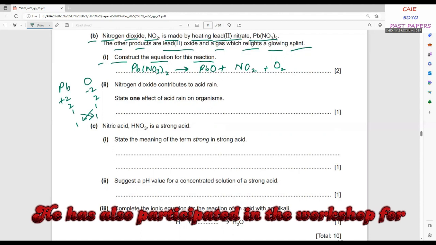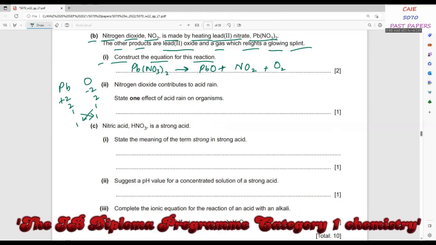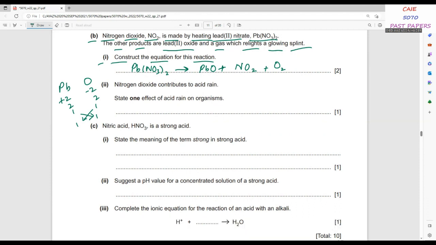Oxygen is 6 on the left hand side, and on the right hand side it is 1, 2, 3, 4, 5. It is 5. So if we start by balancing the oxygen atoms, we have to balance the other elements also.